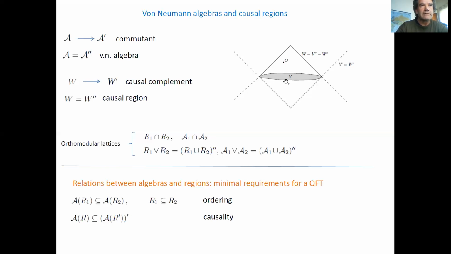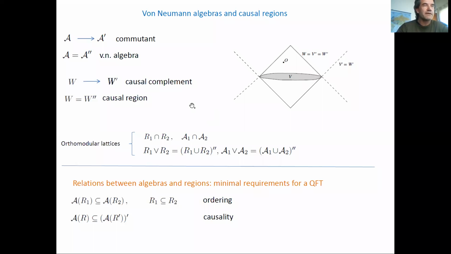Or in other words, if you have the stress tensor in this region V, you can build up some smeared stress tensor, energy operator, let's say, and push the operators up inside the causal diamond. So this is not always the case, but we will assume that the algebra of V is equal to the algebra of the causal complement, let's say. So we only think in the causally complete regions, or these causal regions.